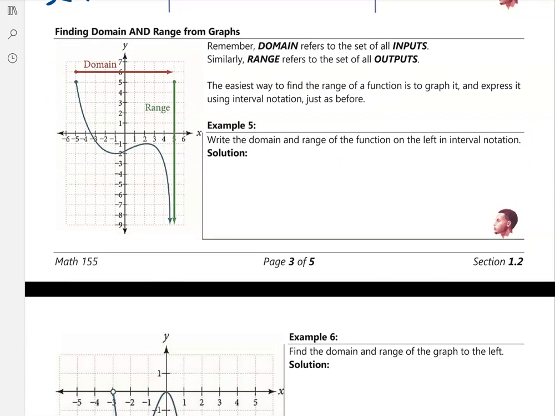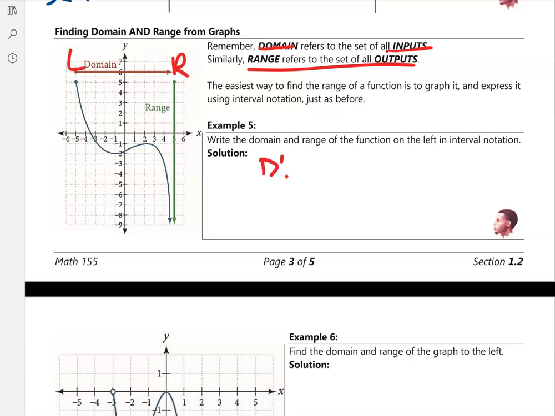Next, finding domain and range from graphs. So remember, domain refers to all the inputs. The range are all the outputs, meaning the y values. So the easiest way to find the range of the function is to graph it. So domain, since these are all the x values, you look from left to right. So that's how you write the domain.